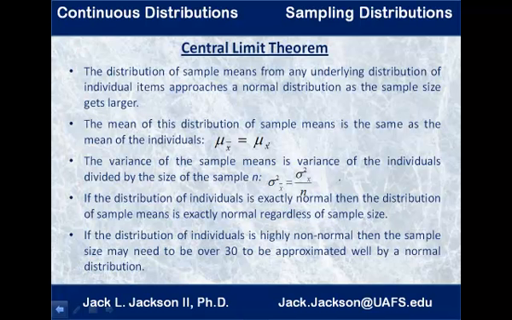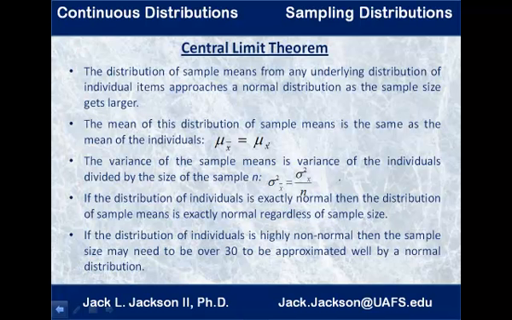The variance of the sample means is smaller than the variance of the individuals. It's less variable, more consistent. And that value is found by the variance of the x bars is the variance of the x's, the variance of the individuals, divided by the sample size n. And of course that means that the standard deviation of the x bars is the standard deviation of the x's divided by the square root of n.